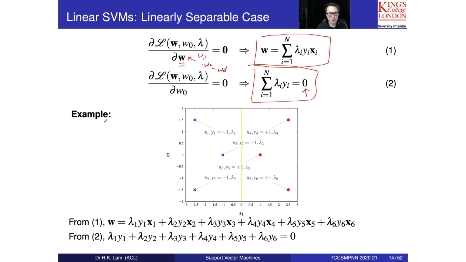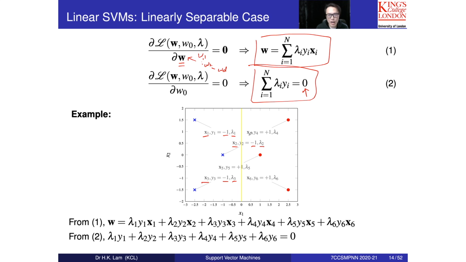Now this is an example. Assume that we have a data set of 6 samples. This is x1, this is x2, this is x3. These 3 samples have the label -1, and associated with them we have lambda 1, lambda 2, and lambda 3. They are the Lagrange multipliers.